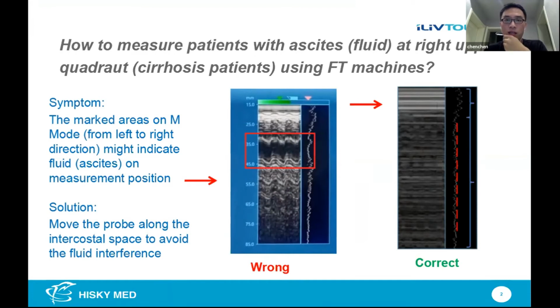So it might indicate the fluids. In this case, what we should do is move the probe along the intercostal space, try to avoid the fluid interferences. Try to avoid that part until we can see the correct image as the correct picture shows.